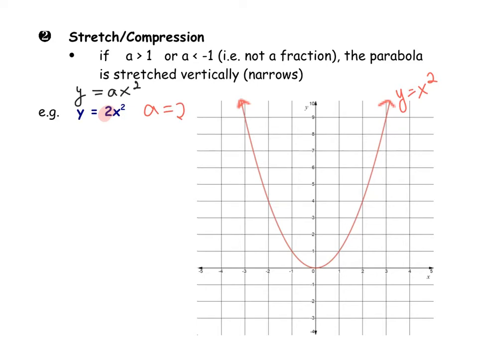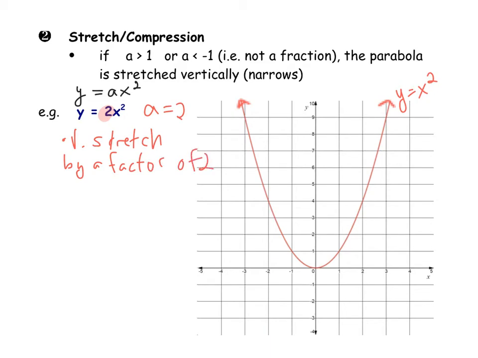And so what that's telling me is that this function is going to be transformed from y equals x squared, and it's going to have a vertical stretch by a factor of 2.